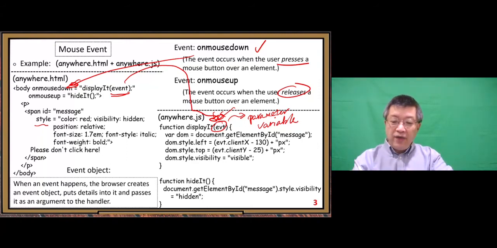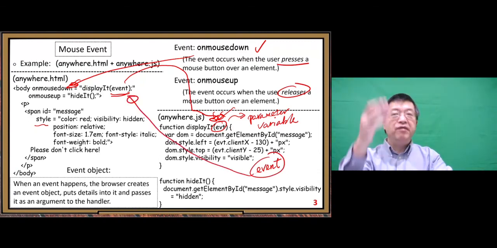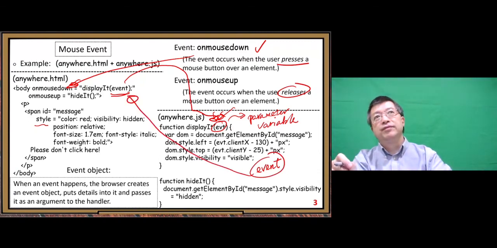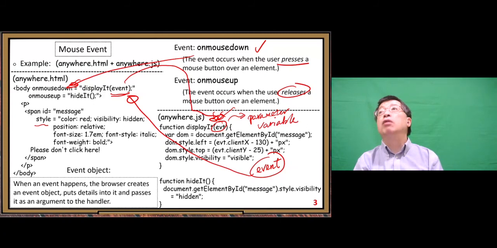Although using event is okay, it's not good, because it uses the same spelling as the event object name. Although it works, it causes confusion. When people read your code and see event, is this the JavaScript or HTML event object, or your own variable name?